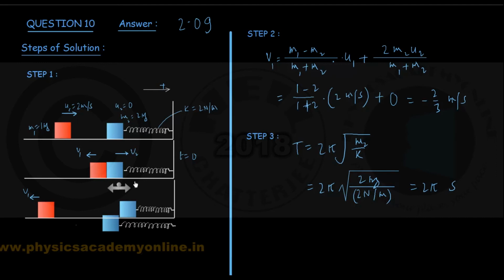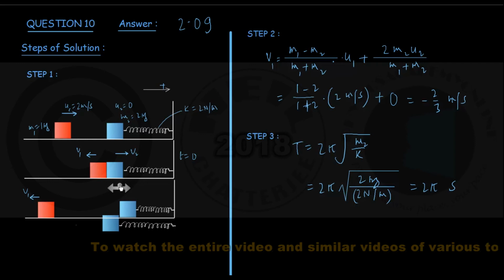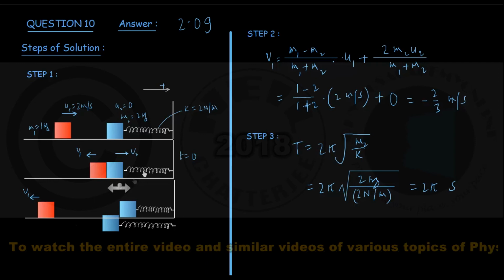But the question was to find out after how much time the spring regains length for the first time. So see once again, this particle initially here, this equilibrium position, travels to the right maximum, compressing the spring maximum, returning to its original position at which the spring regains its length for the first time.